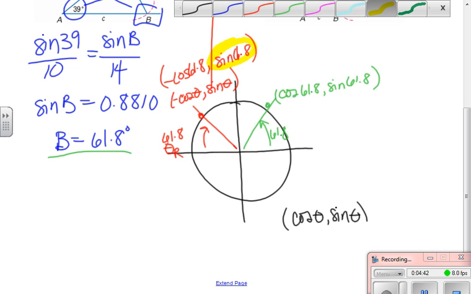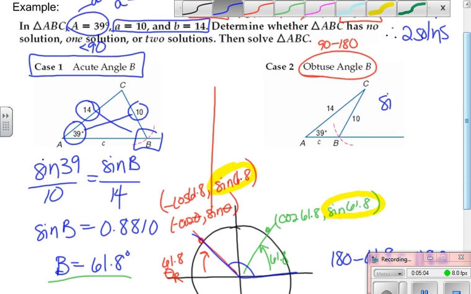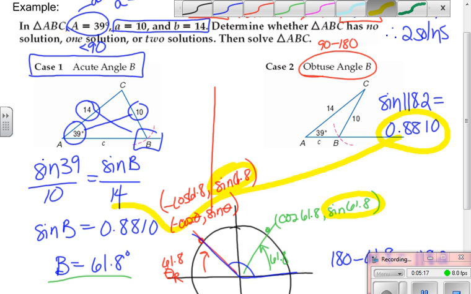And what happens is that these sine values are exactly the same. Well, how big is this angle right here? Well, it's 180 minus 61.8, which happens to be 118.2. And if you go to your calculator and you take the sine of 118.2, you get approximately 0.8810, which is the same sine as right here because of those reference angles.